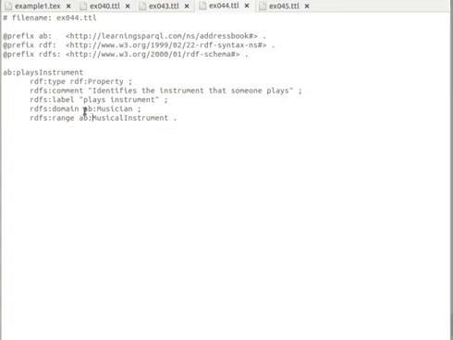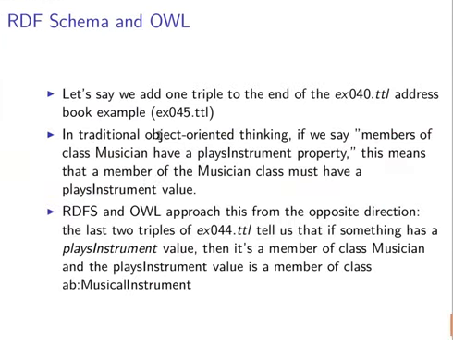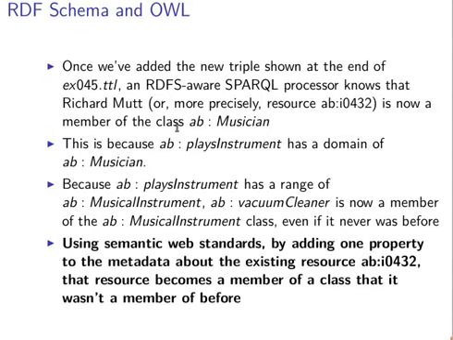So whenever a subject has this property, then automatically it will be inferred that that subject is a member of class musician. And then the value of the plays instrument property will automatically be inferred to be an instance of class musical instrument because of the domain and range. So the idea here is opposite to object-oriented. I hope that makes sense.